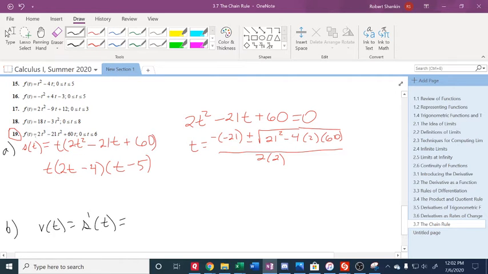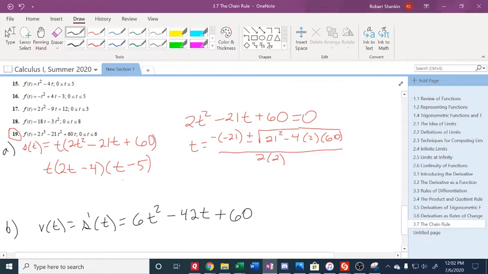We just take 2t cubed, and it becomes 6t squared when we take its derivative. Minus 21t squared becomes minus 42t. The derivative of 60t is plus 60.